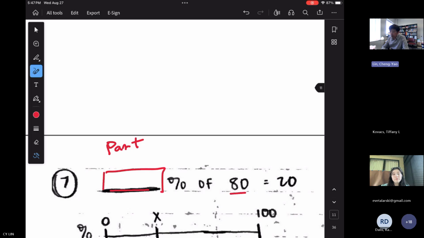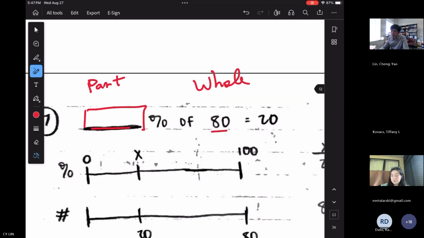How about 80, whole or part? Whole. Yes. 20, part or whole? Part. Because you have what percent of 80, and you got 20, right?